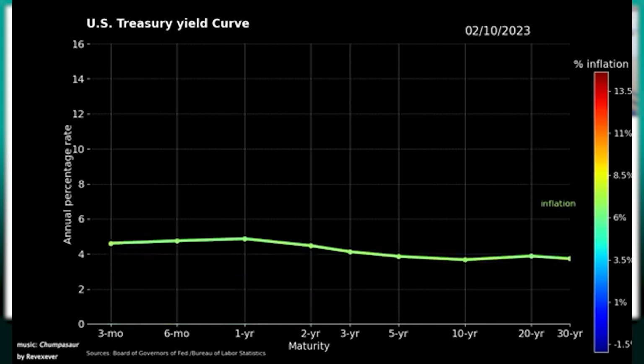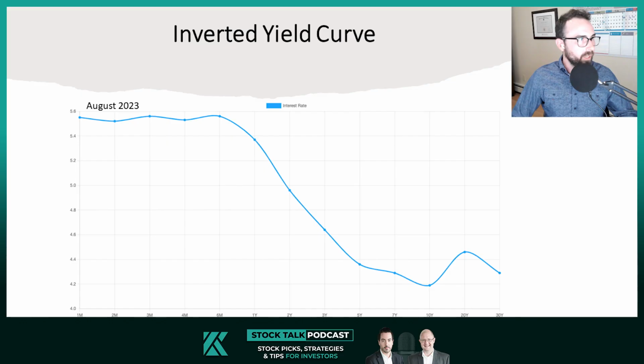And the longer maturities are actually lower than the short-term maturities, at about 4%. So the yield curve has gone inverted as bond investors are demanding a premium for short-term bonds, and long-term investors are likely anticipating inflation and long-term rates to decline as the economy slows due to short-term rates being elevated.